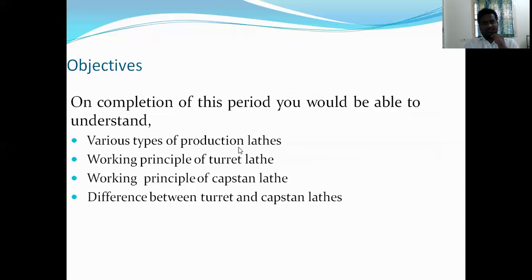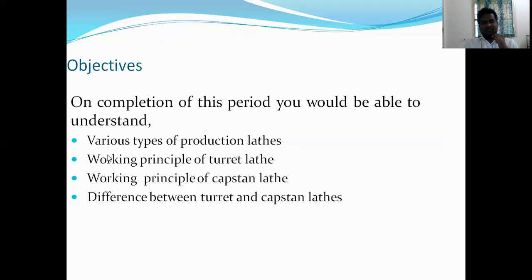Production lathe means that production capacity increases, right? They produce products in less time, so with less time we produce a number of products. By using a bench lathe or engine lathe, we produce a product very slowly, so those are not designated as production lathes.